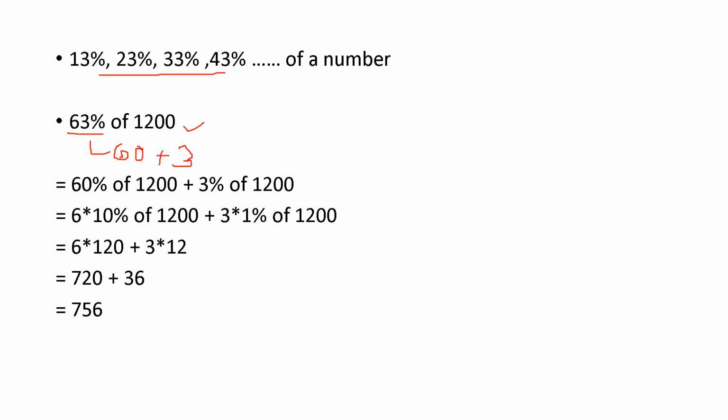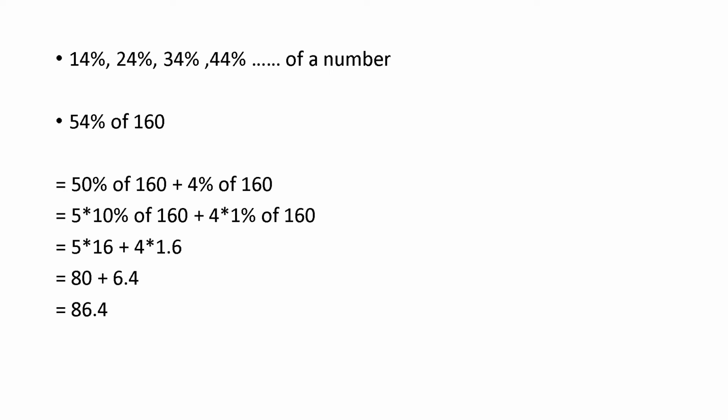So 60% of 1200 plus 3% of 1200. 60 means 6 into 10% of 1200 plus 3 means 3 into 1% of 1200. So 10% of 1200 is 120 into 6 and 1% of 1200 is 12 into 3. So that's it. So this is a simple way for finding the percentages of a number.